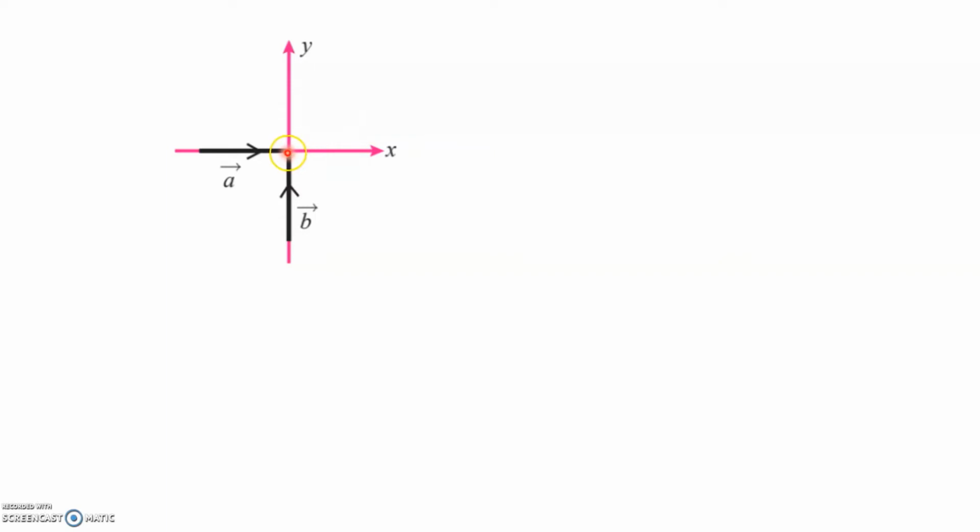There are going to be two actions taking place at the same time, both in magnitude and in direction. So it's going to move in a direction something like this. So the direction of the resultant vector would be in this direction.